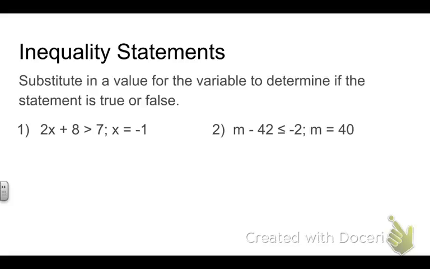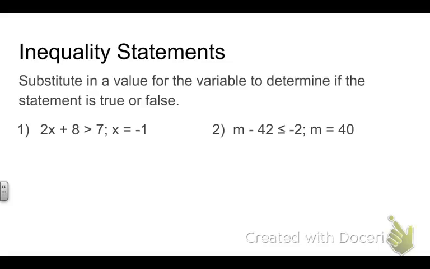All right, now the inequality statements. What you need to do for this is substitute in or plug in a value for the variable to determine if the statement is true or false. So our very first one, we've got 2x plus 8 is greater than 7. Is that a true statement or a false statement when x is negative 1?